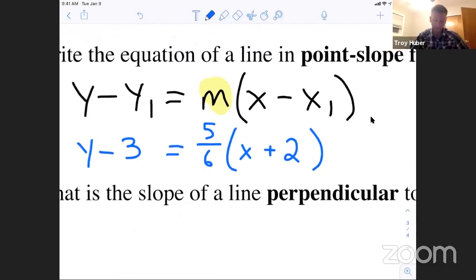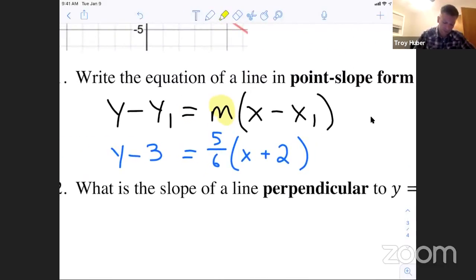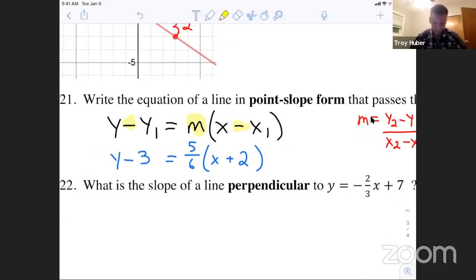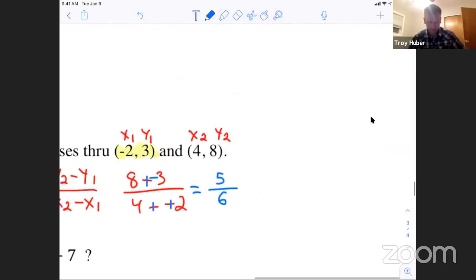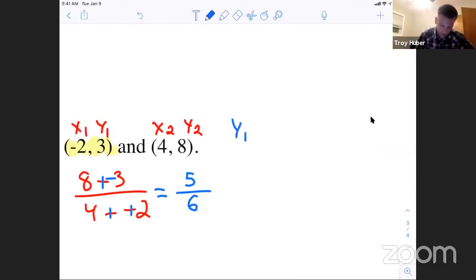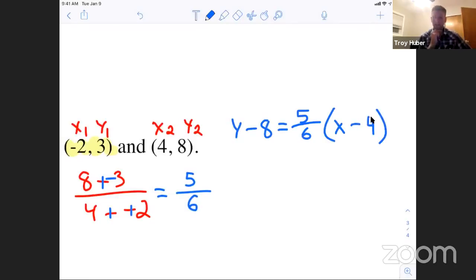Remember, these minus signs mean the opposite of whatever x1, y1 is. If you wanted to use the other point, we would say y minus 8 is equal to 5/6 times x minus 4. Notice I did the opposite of a positive 8 and a positive 4.